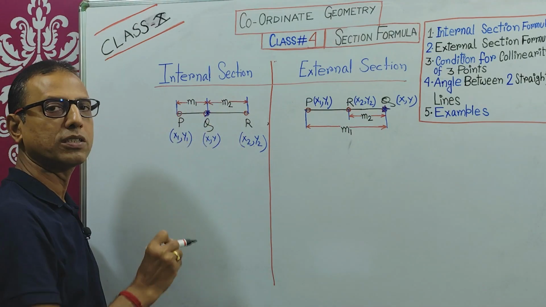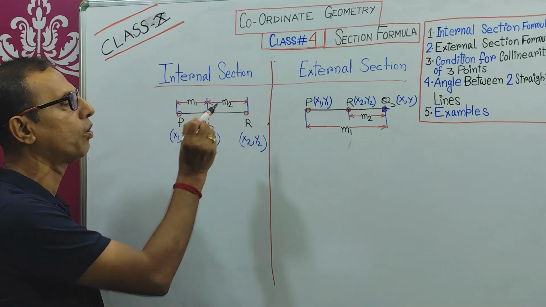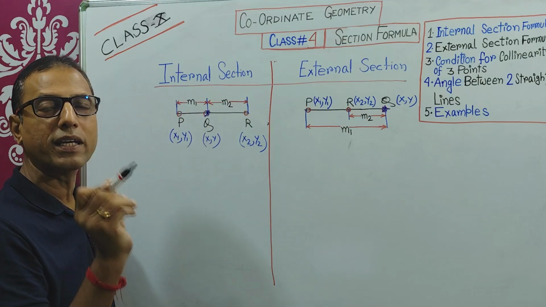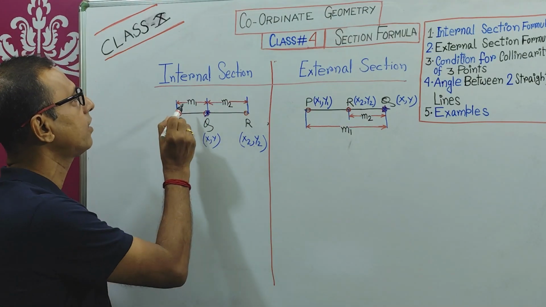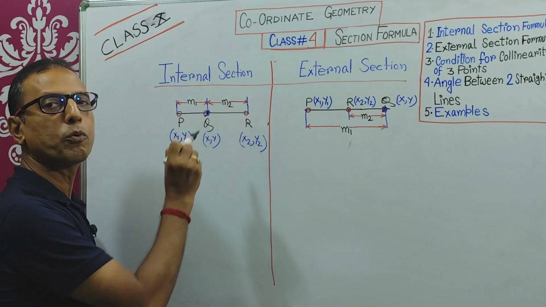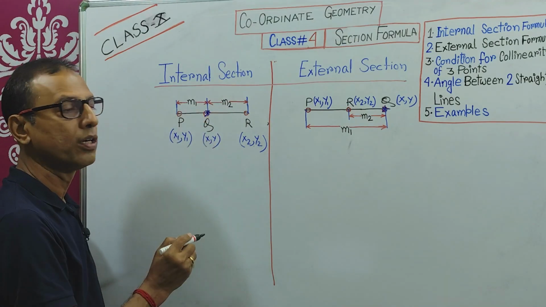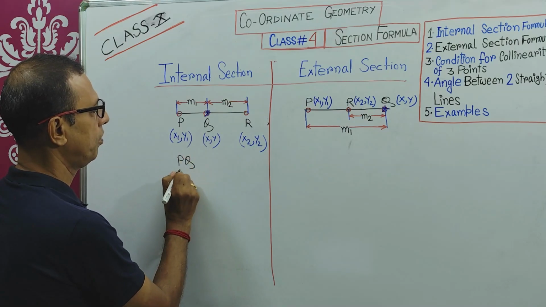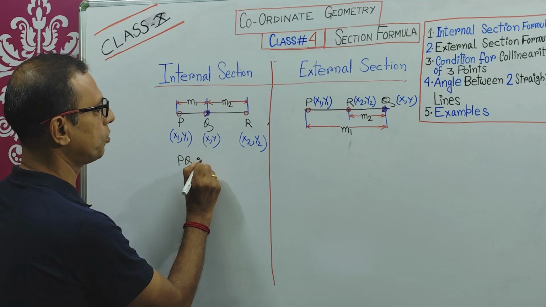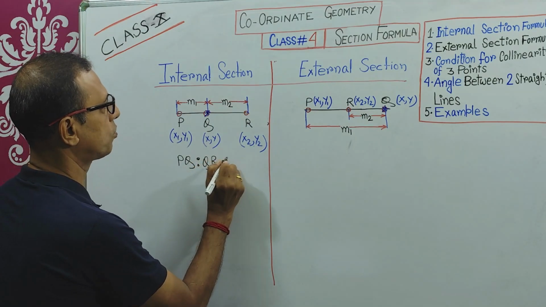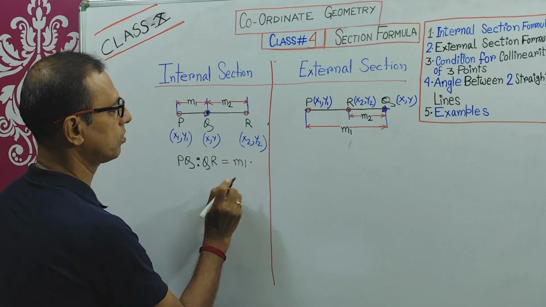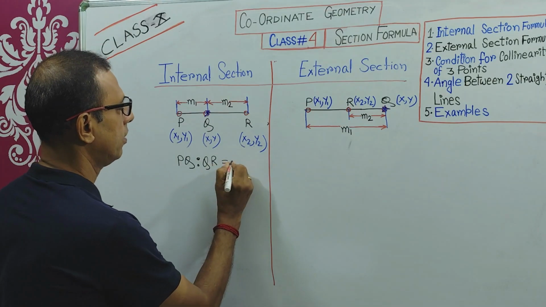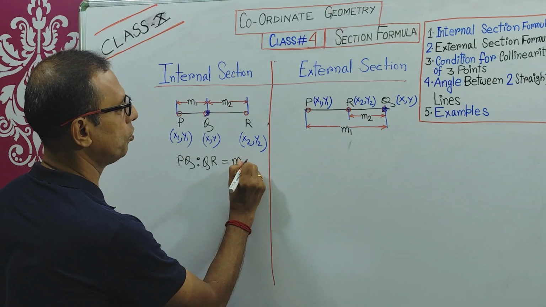This M1 and M2 is not the distance or length of PQ or QR. I have drawn it like this to make you understand which portion is M1 and which portion is M2. This is the ratio. That means PQ is to QR equals M1 is to M2.